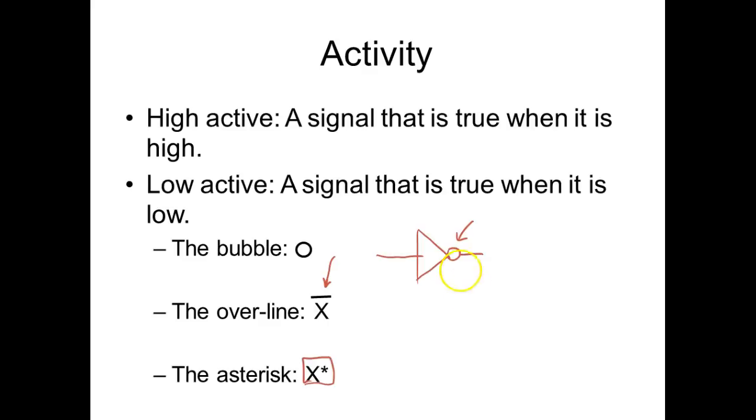So if I do the equation for this, and I call this A and this X, then I'd say X is equal to A, and I'm going to put a bar above it. What we would say is, we call this not A. That makes sense? It doesn't mean it doesn't exist, it means it's low. So in our Boolean equations, we'll use a bar to represent that, or you might see an asterisk. Everybody okay? Yes or no?